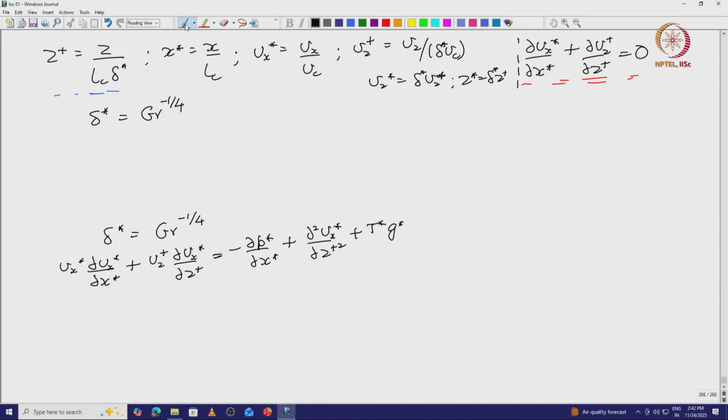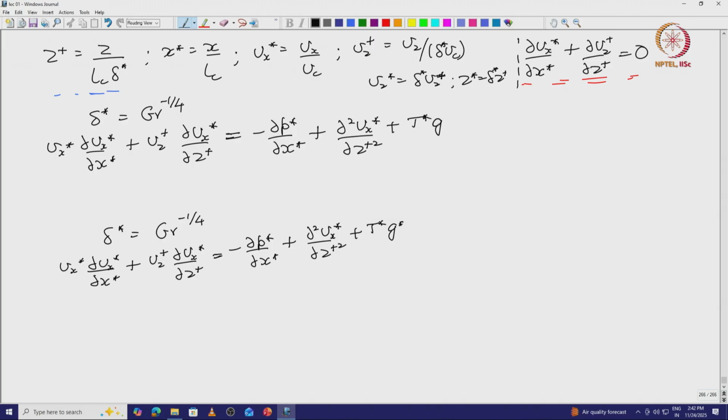And the x momentum conservation equation is Vx partial Vx by partial x plus Vz plus partial Vx star by partial z plus is equal to minus partial p by partial x plus partial square Vx star by partial z plus square plus T star G star. So, that is this equation.